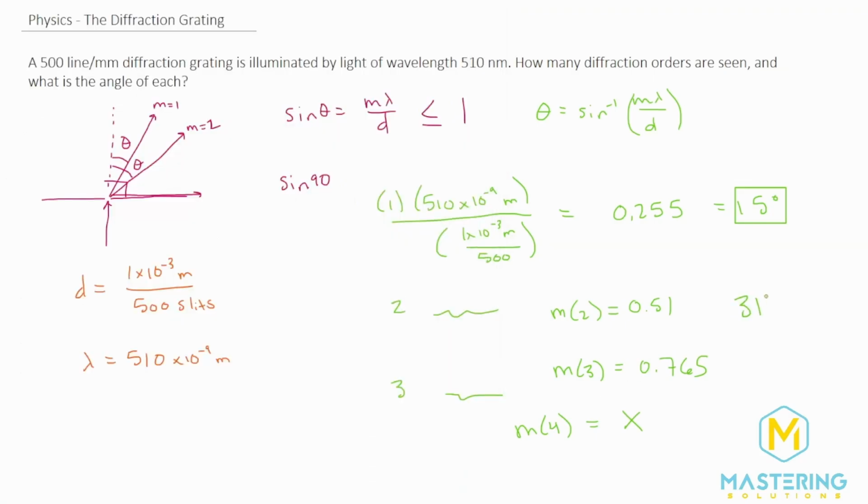So we have 31 degrees for M2, and we have 50 degrees for M3. So for the last part of the question, you have to be careful because they want to say how many diffraction orders are seen, not how many bright spots are seen. So for this one, we will see 3 diffraction orders.